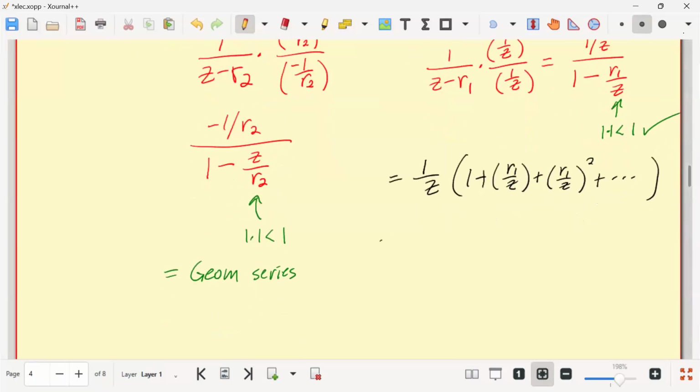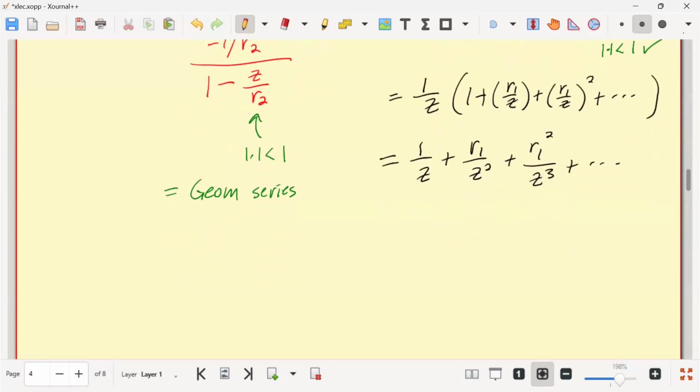Notice I get all these negative terms: 1 over z plus r1 over z squared plus r1 squared over z cubed plus... Those are the negative terms in the Laurent expansion.